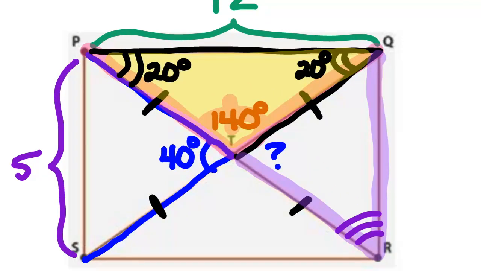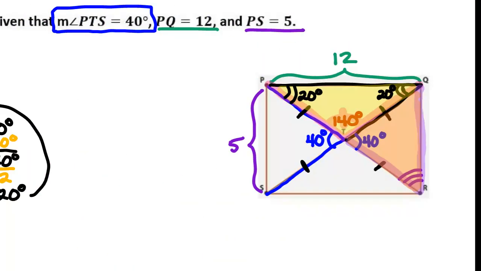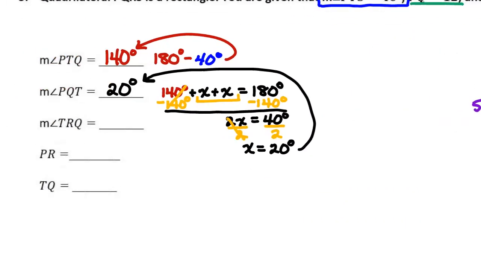Do I know how big this angle is? 40 degrees, yes. And so what kind of triangle would this be? It's an isosceles triangle again, so I'm going to solve for angle TRQ the exact same way that I solved for angle PQT.